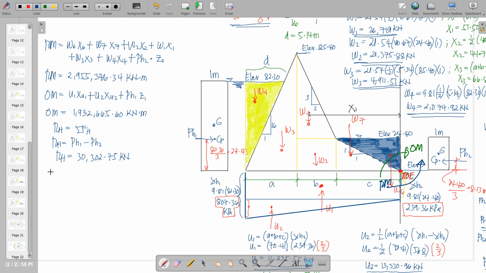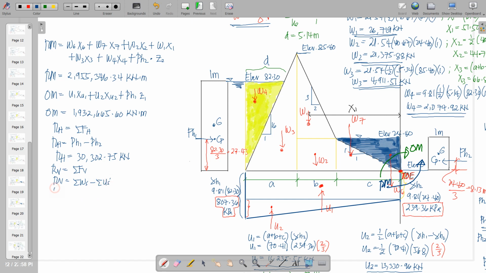Likewise, RV is simply equal to the summation of forces along the vertical, the summation of the weights minus the summation of the two uplift forces.